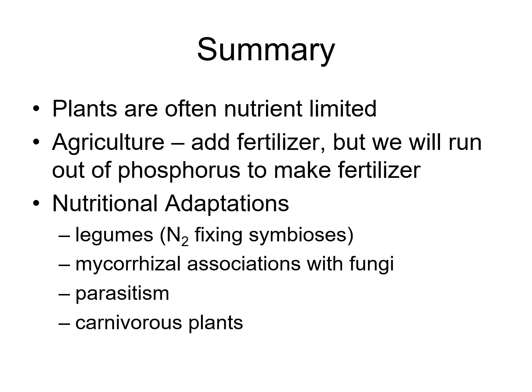And this is going to be a crisis as our world population increases and we keep needing to feed more people. But plants have been dealing with this problem for a long time. They have a range of nutritional adaptations, including nitrogen-fixing symbioses that we see in legumes, mycorrhizal associations with fungi, parasitism, and carnivorous plants.